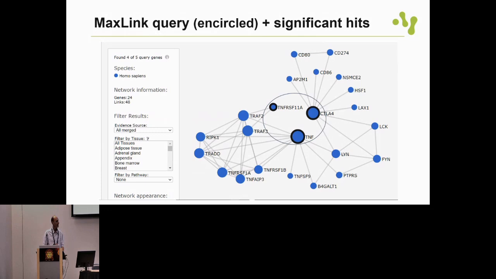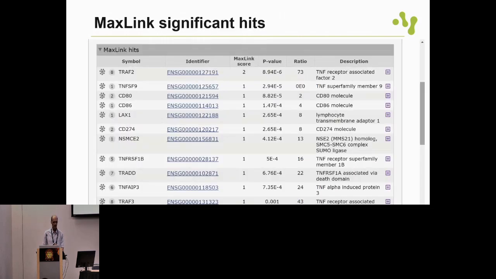In the circle is the query set, and outside the circle are the newly found candidates and their connections to these disease genes. You can also get a list with the p-values. So that's a way to find the most significantly linked new candidates.